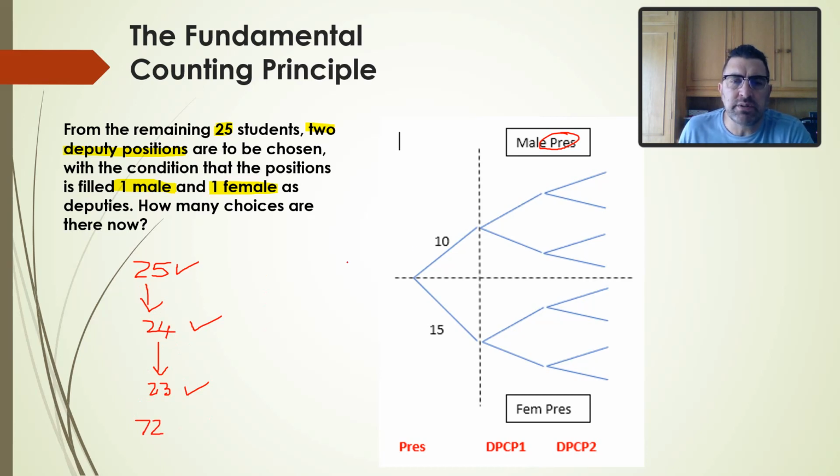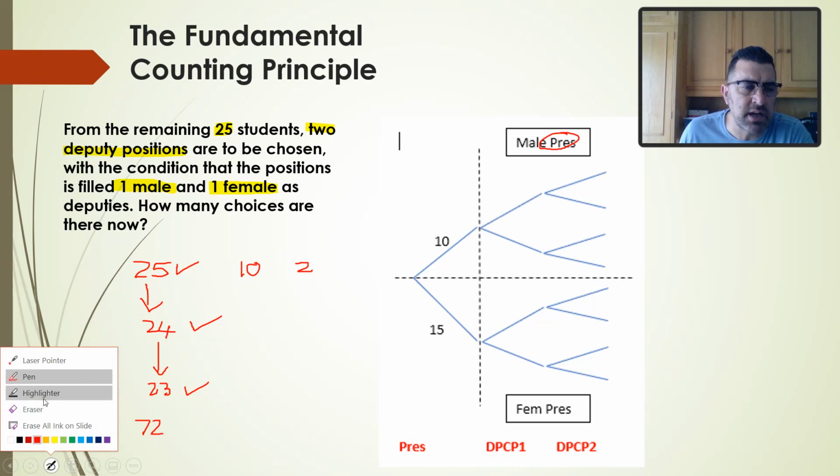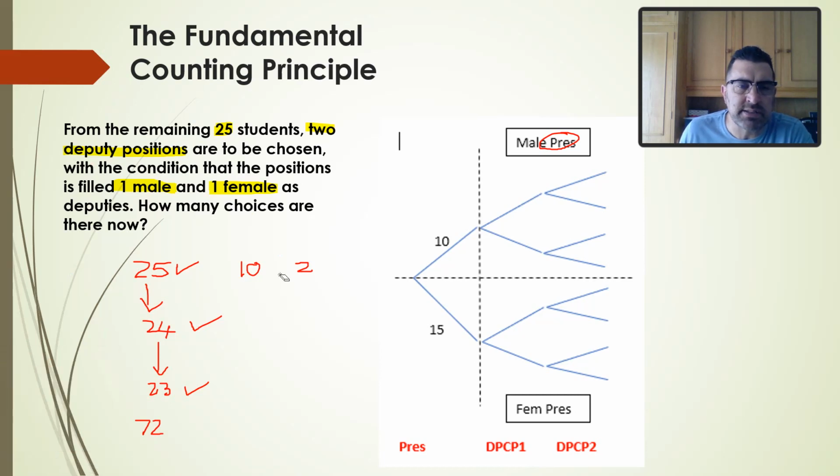But now, if we have 10 males, and we have 15 rather. Where's my eraser? My eraser's there. We have 10 males and then we have 15 females. So let's say the president was chosen and the president was male.